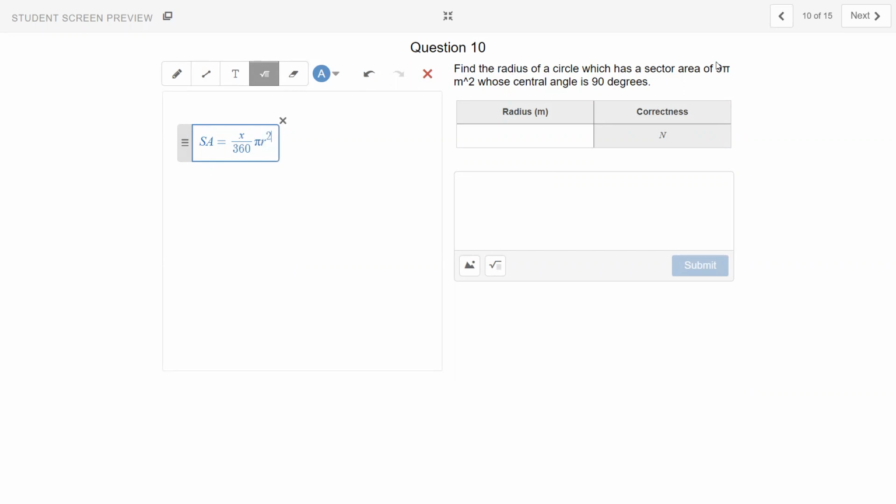So we're solving for radius, and we have a sector area of 9 pi, so we're going to plug in 9 pi for sector area. And x is going to be 90 degrees, so 90 divided by 360, and then pi r squared. All right, let's reduce the 90 over 360.